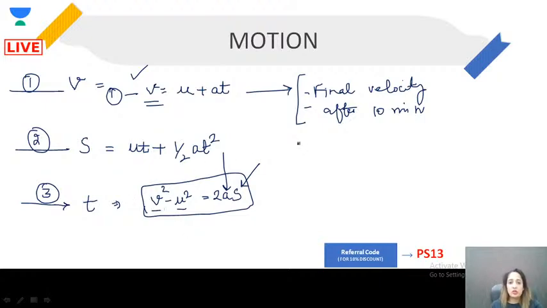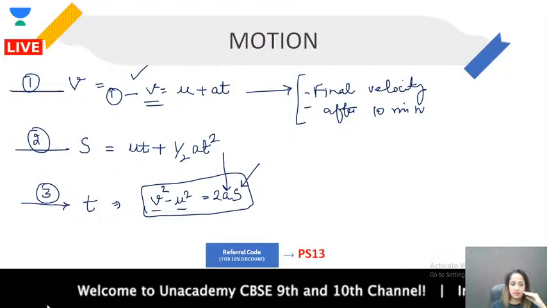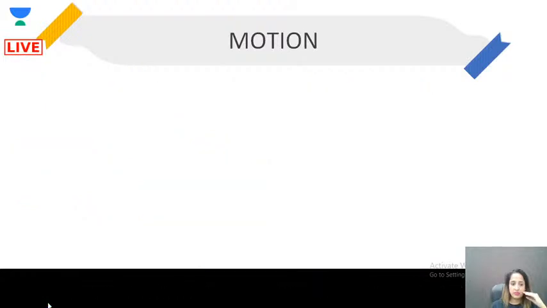So this was all about today's lecture, about how and where we use these equations of motion, right? With this I will end this session because my setup is not working properly.